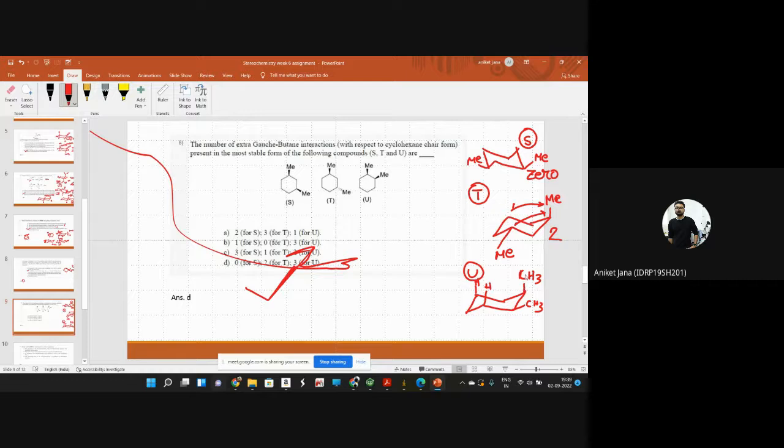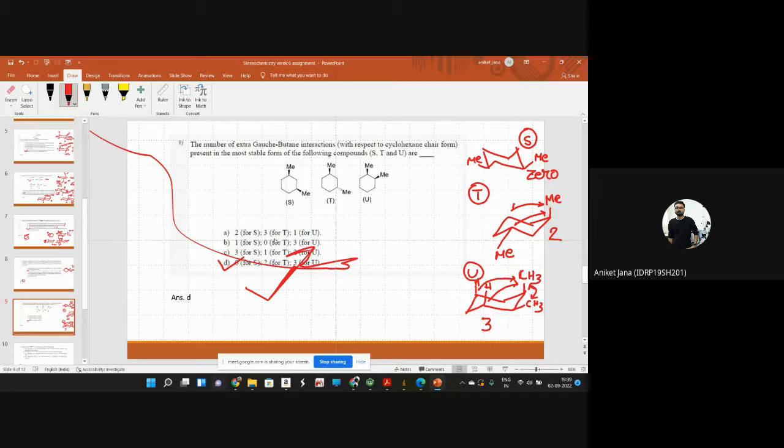So here overall one is here, one is here, and another is here. This methyl and this methyl. When we draw the Newman projection, the dihedral angle between these two methyls is 60 degrees. Okay, so overall 3 gauche butane interactions are there. So option D is the right one.